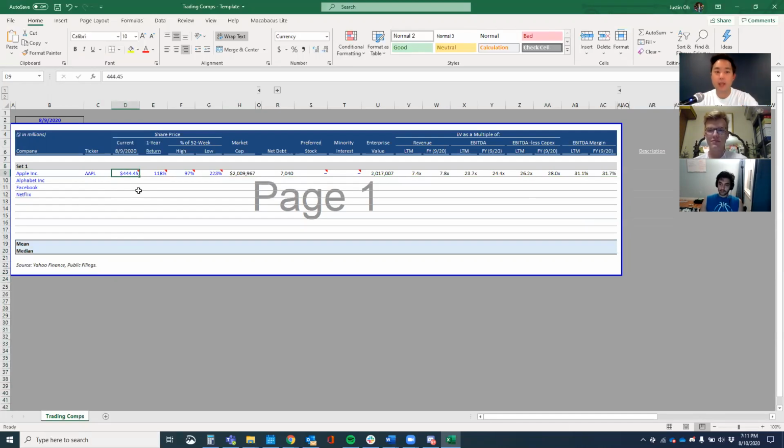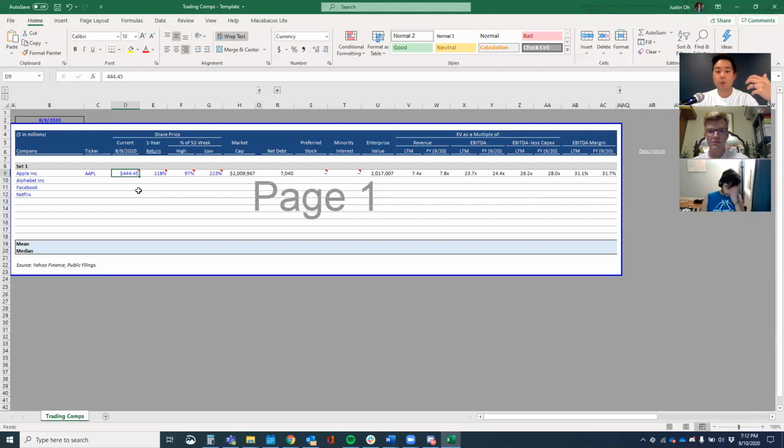Whether you're in investment banking, at a hedge fund, or a private equity fund, you want to see where companies are trading and also understand why they're trading at a premium or a discount to each other. A lot of private equity uses this, right?